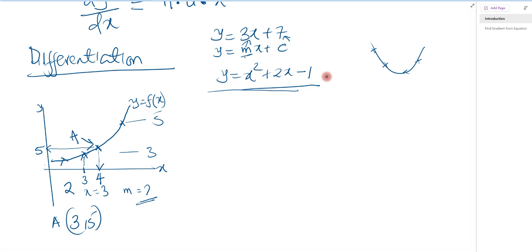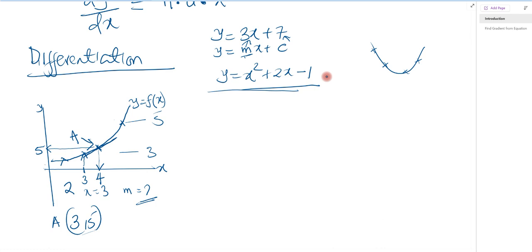Now, we can make some assumptions here. What can help us here? We still can't figure out the gradient directly unless we make some assumptions. The best way we can find the gradient of the line at any point, for example here, is to draw a line that is parallel to this. For example, if I put a line like this, this line is parallel to this.